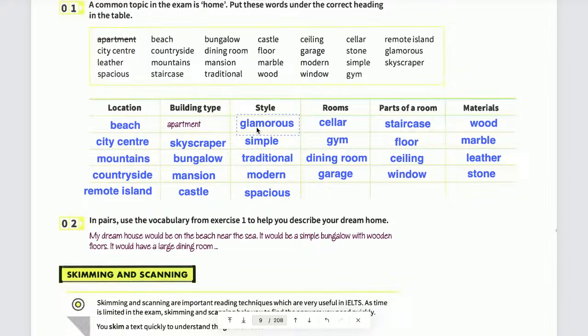Why is that? Thư. Glamorous. Guys, why? Why didn't you ask? If you don't understand something, you must ask. Someone, please.